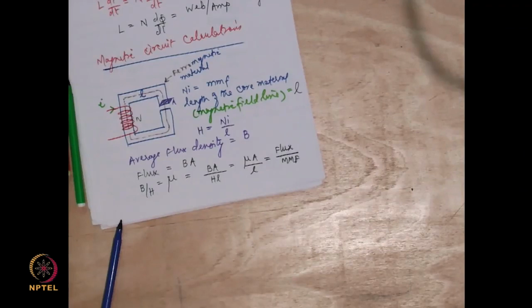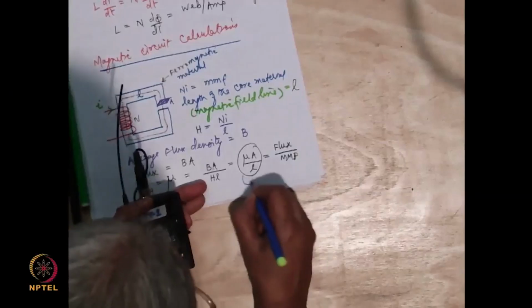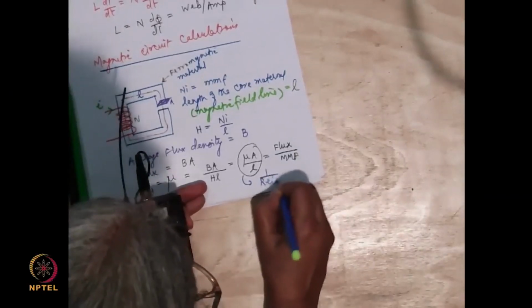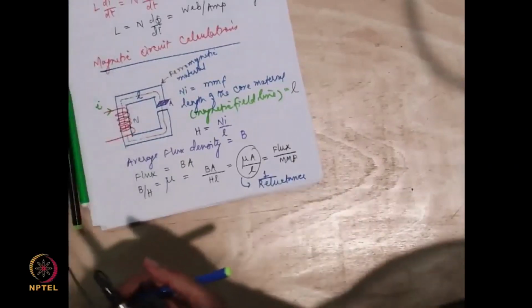Flux will be analogous to the current. So the ratio of voltage to current, which we call resistance or impedance in an electrical circuit, we will similarly call the ratio of MMF to flux the reluctance. So this ratio is going to be 1 by reluctance, or the reciprocal of reluctance.